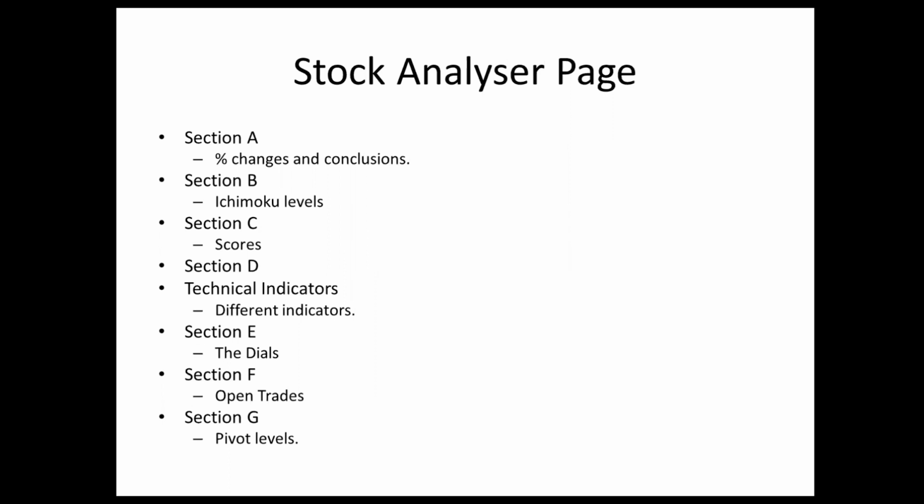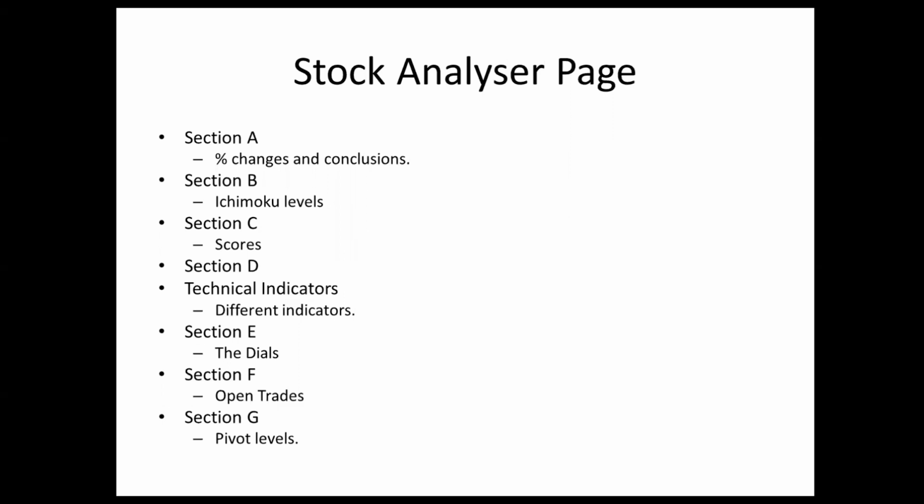Here is section A, your entire percentage changes, and this is your Ichimoku levels, right? So that is what I want you to see in section A. We will see sections C to G as we move along.